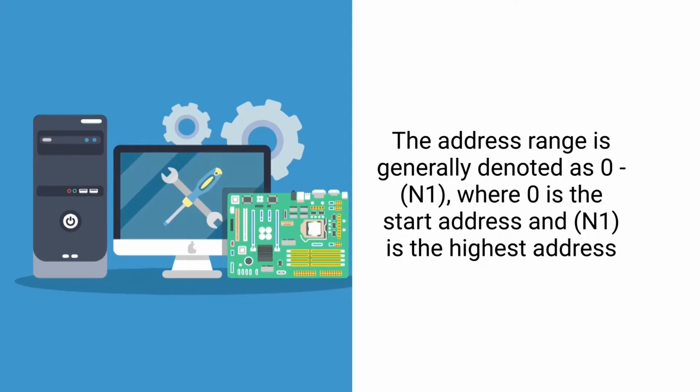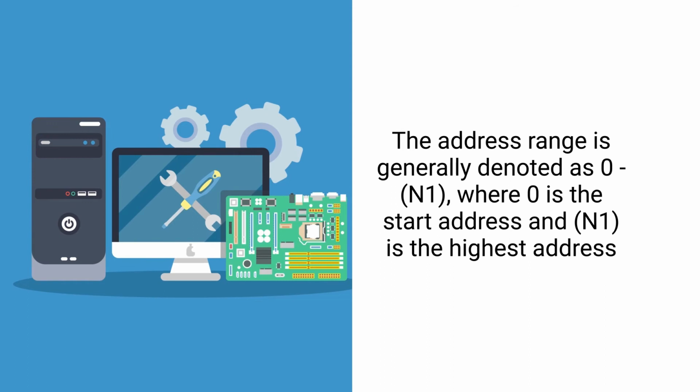There we have the concept of random access memory. That is, we can directly access any address and hence the data available at that address. Generally the address range is denoted as 0 to n minus 1, where 0 is the starting address and n minus 1 is the highest address available in that memory.